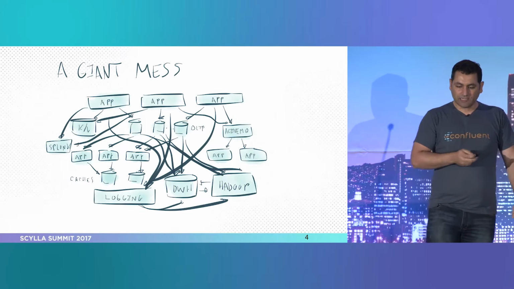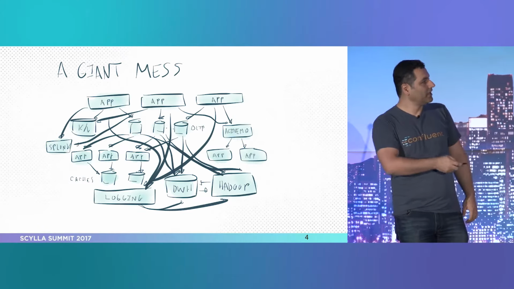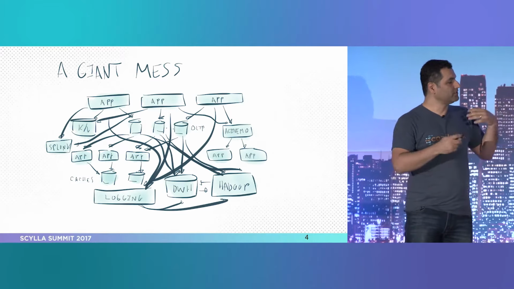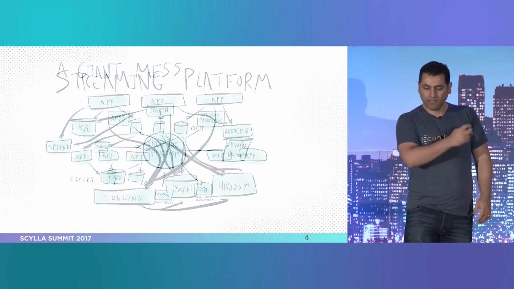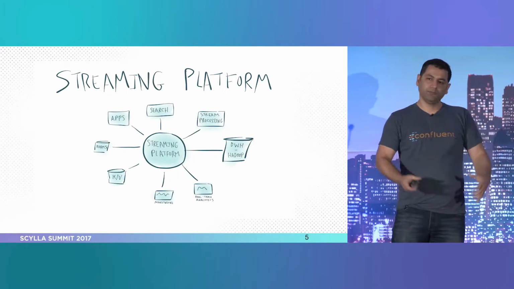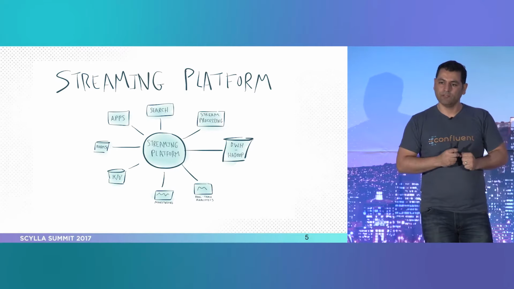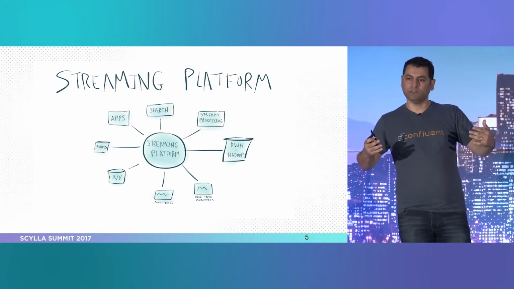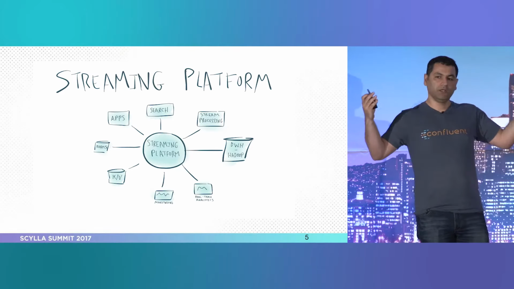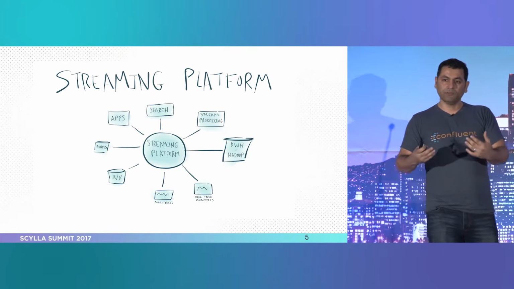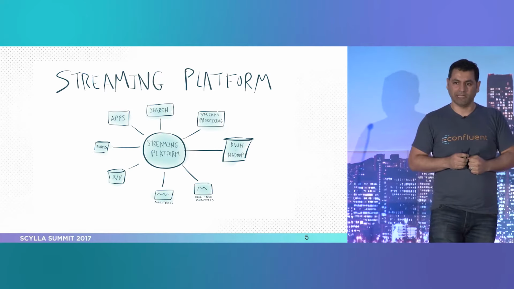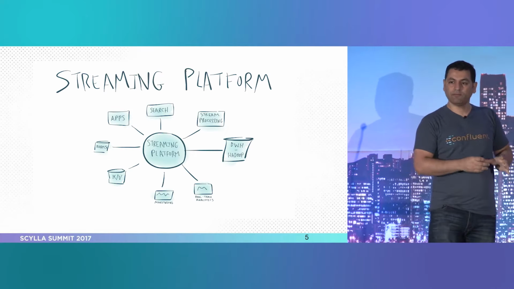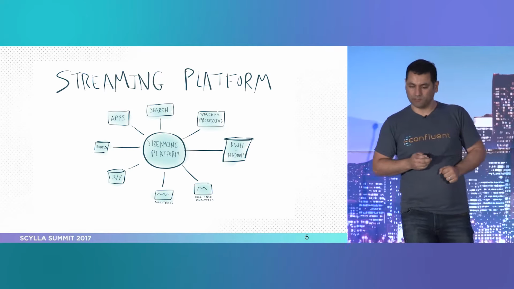So the idea is that instead of having this mesh of connections and production and consumption of data, put a streaming platform in the heart of your company and have all of the systems in your company consume and produce data from this streaming platform. This provides a couple of very interesting properties for your system.